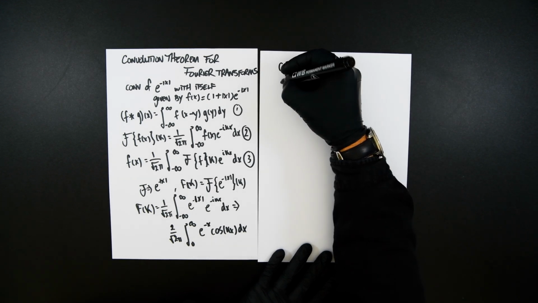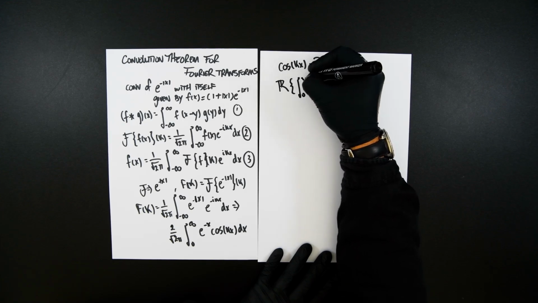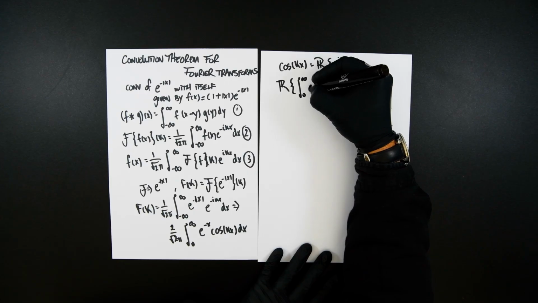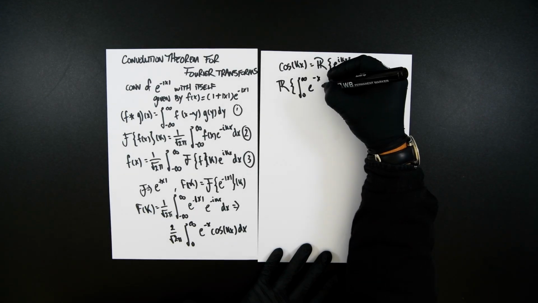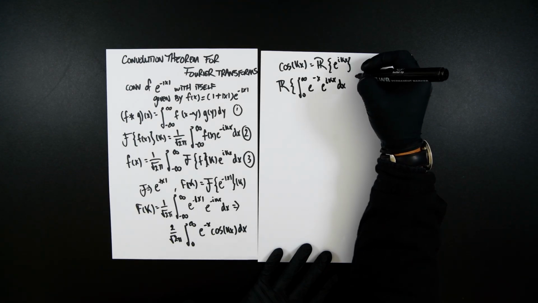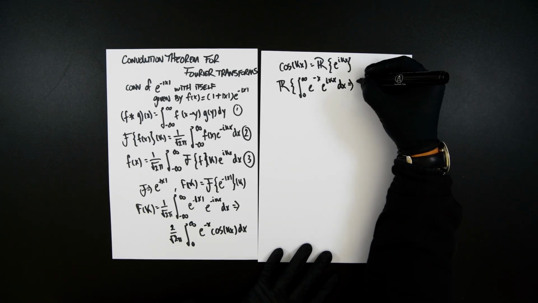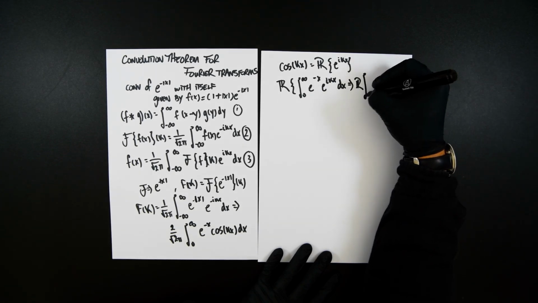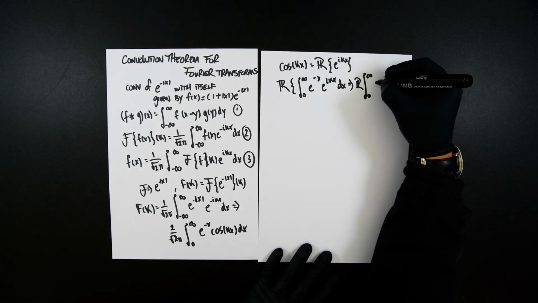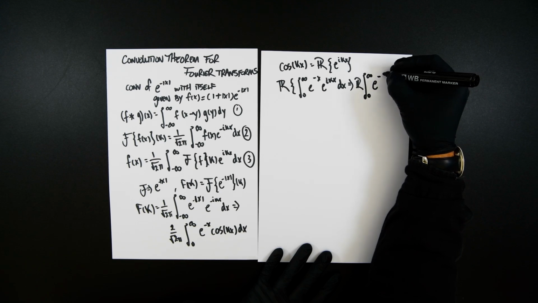So now we have the real part of the integral from 0 to infinity of e to the minus x e to the ikx dx, which, using the exponential rules, is the real part of the integral from 0 to infinity of e to the minus (1 minus ik)x dx.